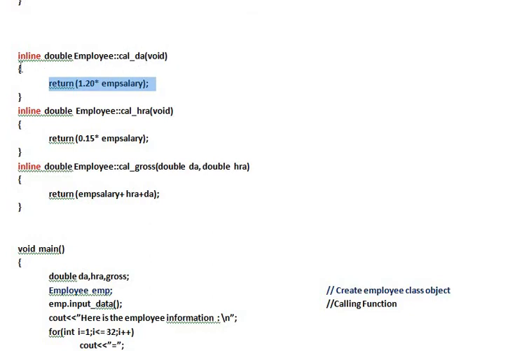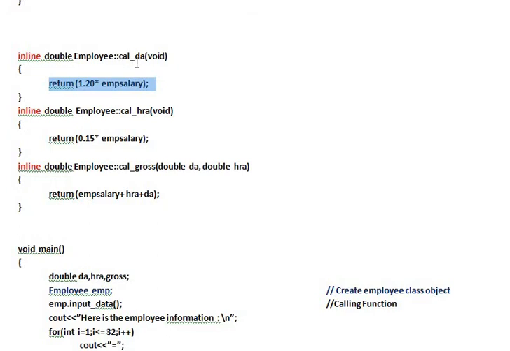In that case, if the function body is too long, the compiler may ignore the request of treating this member function as inline, and it is going to follow the traditional way of jumping from the calling function to the called function to execute the function. And with that, the idea of reducing the processing time of the program may not be fulfilled.